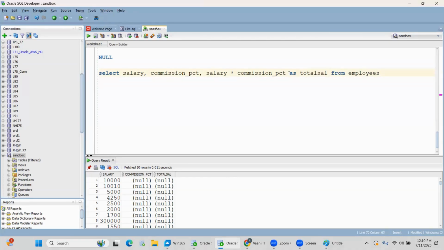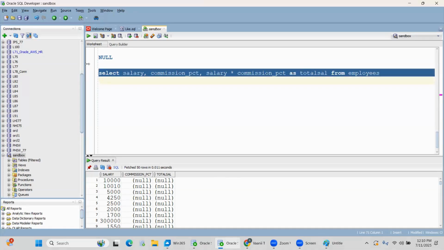And for an alias, you can write as and then the name. Got it? Is everyone clear regarding alias? That is a very good concept in databases, guys, and in many places you will see the alias concept.